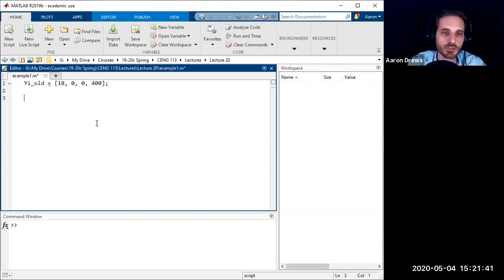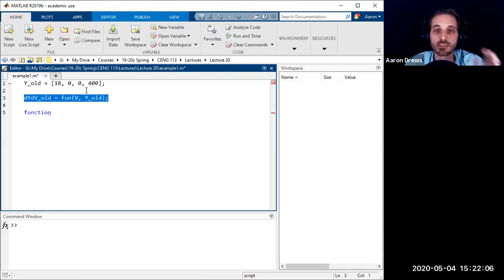And then our question becomes, how do I write a function so that I can call that function and say dy dv, let's just call it dy dv, based on the old values is equal to some function of v, if I needed it, and y old. Right, that's my goal. If I can calculate what I've written there on line 3, so this line 3 corresponds to that part in red that I had written on the previous notes page, which is how do I calculate the slope, right? I need a function to calculate the slope.